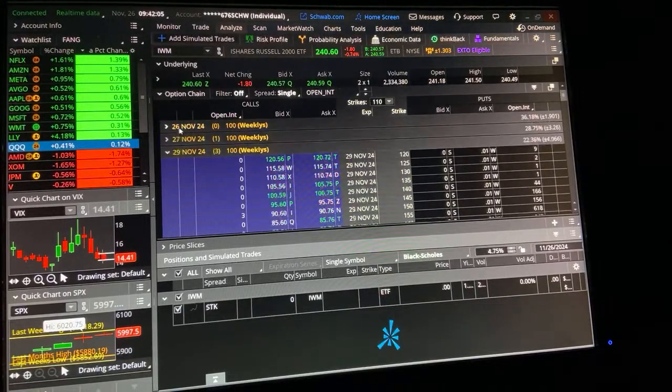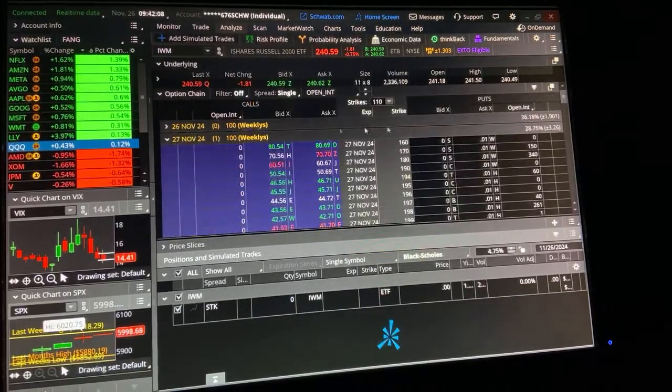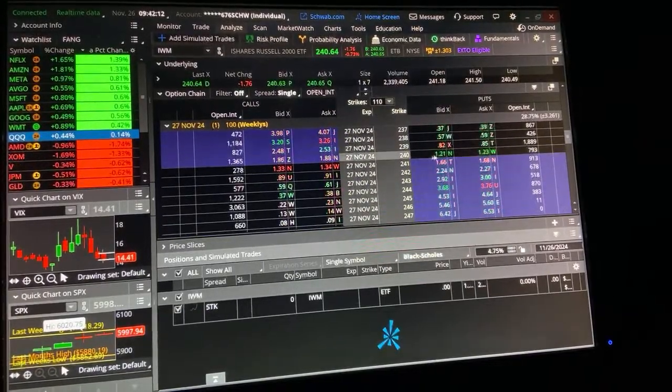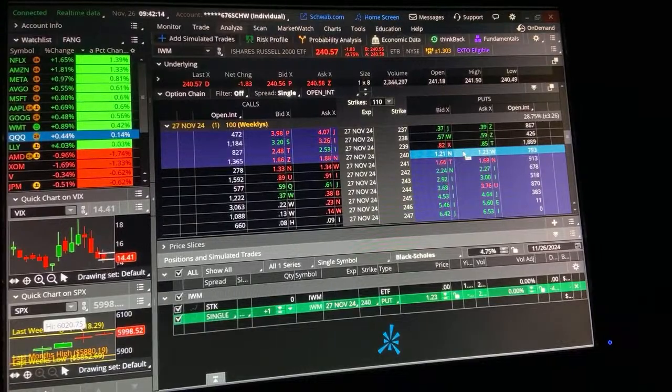And even if you did today's expiration or even tomorrow's expiration to kick out some theta, you can pick up the 240 strike for about 123. IWM short, not bad here.